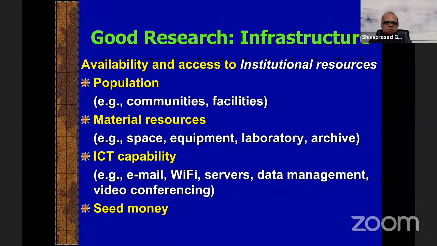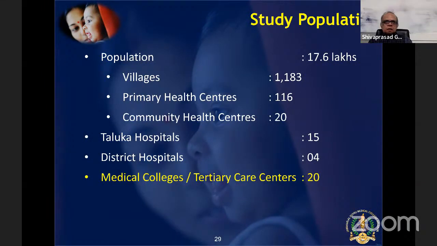And does your institution provide any seed money to do pilot work, to get that initial publication out, to establish your track record and your ability in the area? Now, this is what we have right now in terms of our study population that we are currently working in.